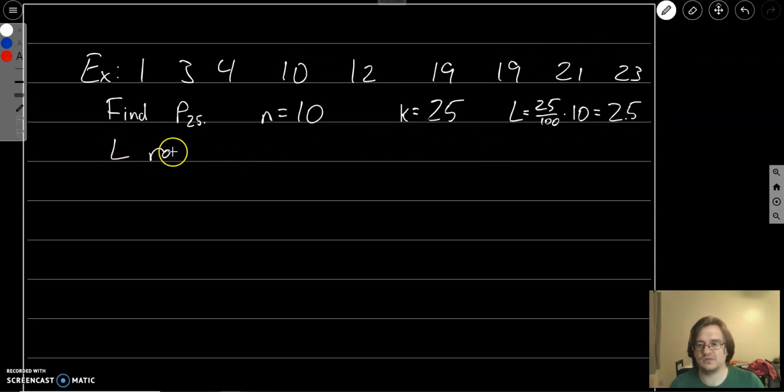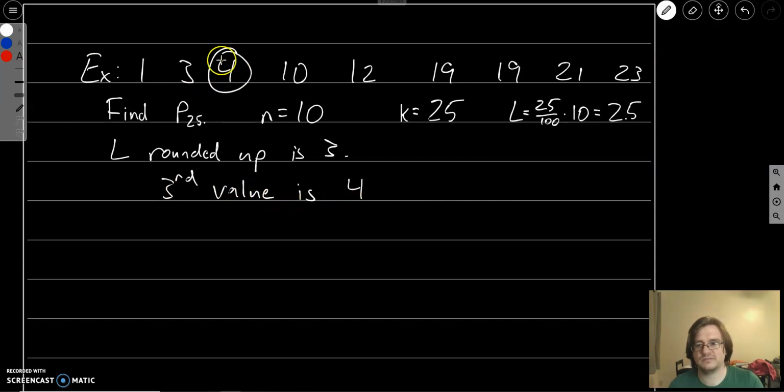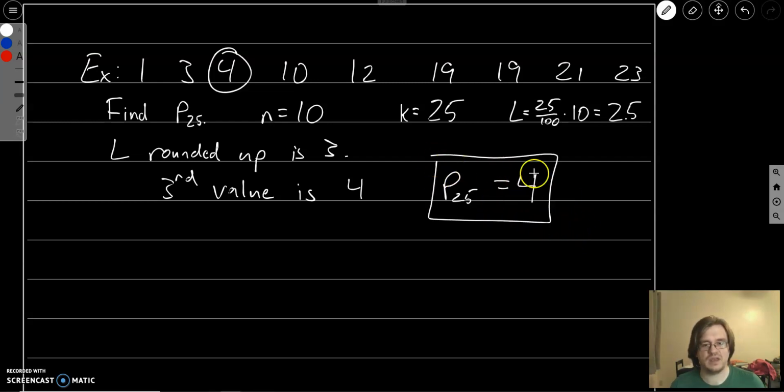L rounded up is 3. So the third value is 4. So P25, the 25th percentile, is exactly 4. Now, this may strike you as odd.